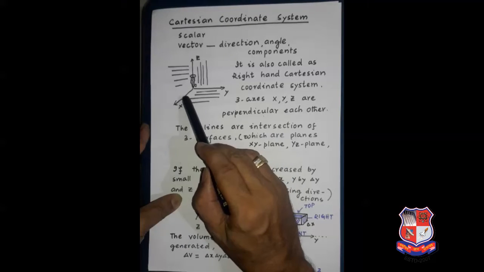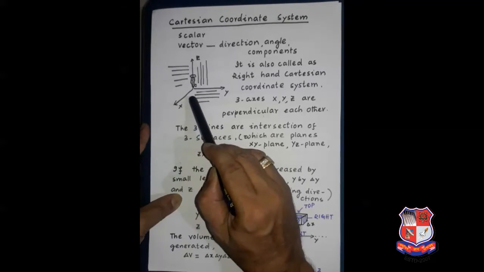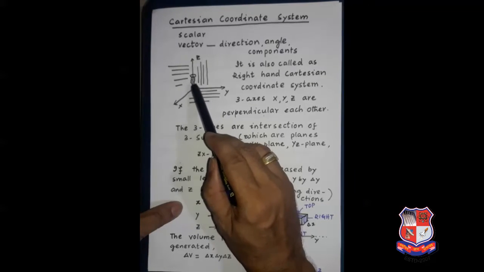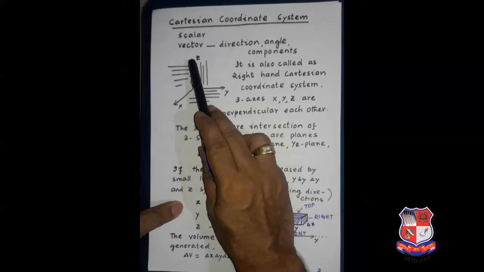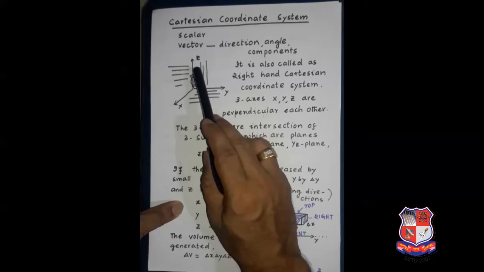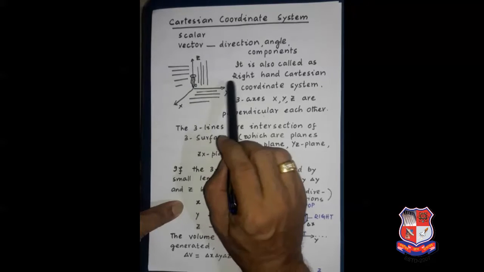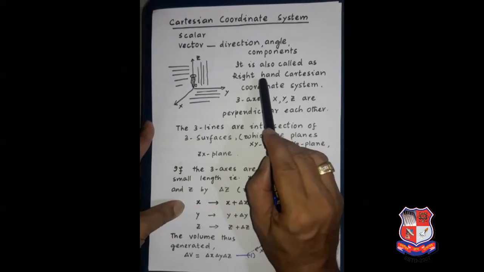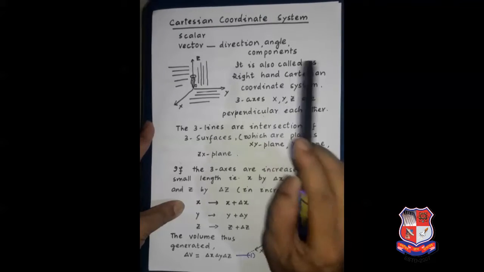That means when you are bringing x towards y, the screw will move anti-clockwise, so that it will move in the direction of z. That will be the positive direction of z. For this reason, this particular Cartesian coordinate system is also called right hand Cartesian coordinate system.